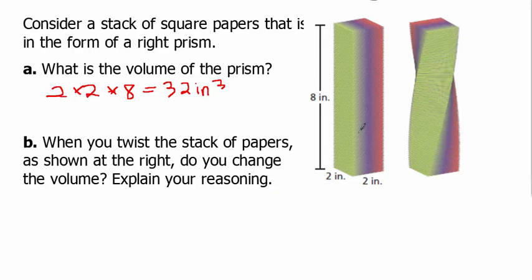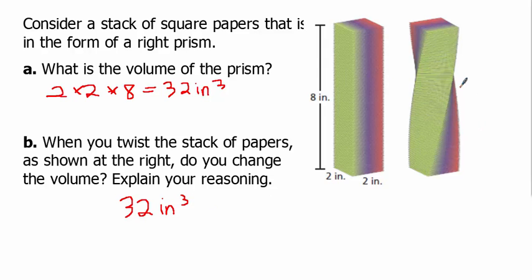I have the exact same stack of papers, and then I twist it. Does that actually change the volume? I have the exact same stack, so the volume has to be the same. It's going to turn out if I'm sideways, it's what's called oblique.